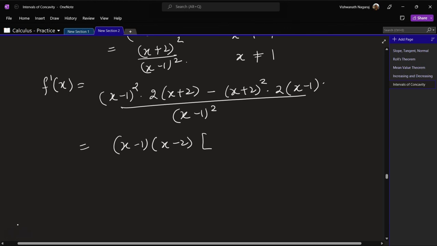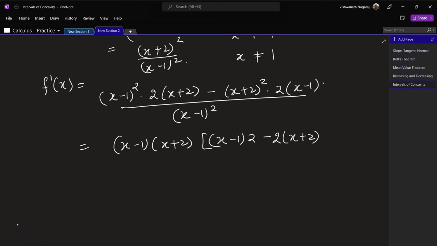We are left with x minus 1 times 2, minus x plus 2, divided by x minus 1 to the power 4. So x minus 1 and one of these cancels.